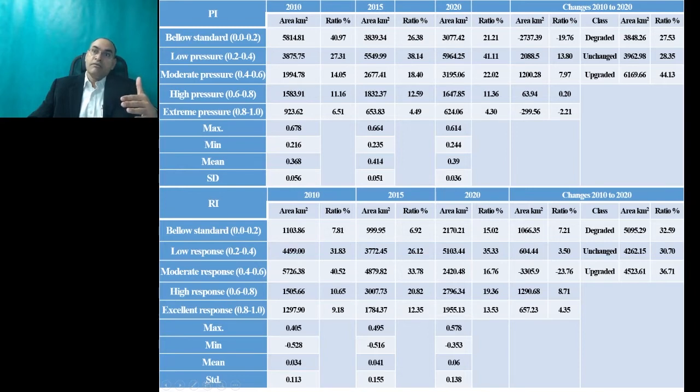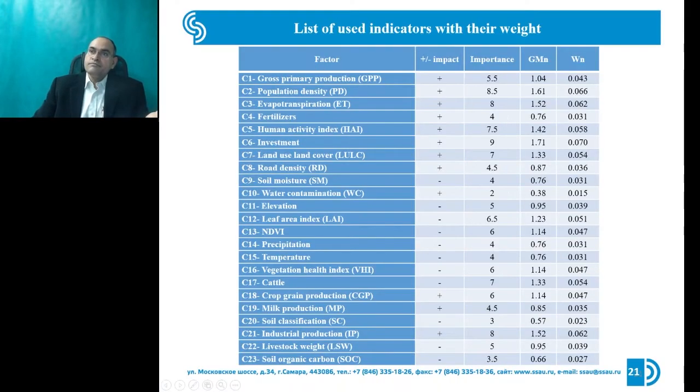Minimum values also increased, which is not good because it converts low ecosystem health condition into higher vulnerability conditions. Here are also net changes, how much area is degraded, upgraded or unchanged. I got this information from only 15 satellite thematic layers.